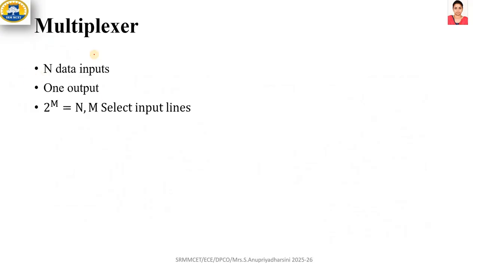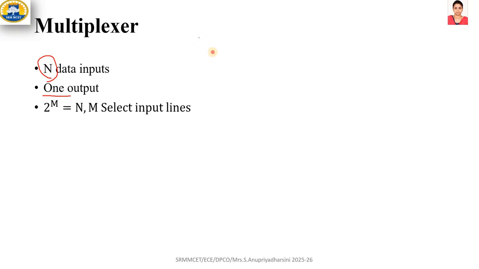We have studied that a multiplexer has multiple inputs, but we cannot just say multiple inputs. So we are going to name it as n number of data inputs and one output. From this, how can I decide the number of select lines or control lines?